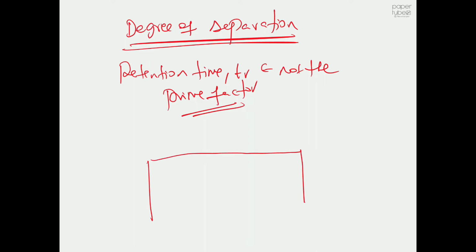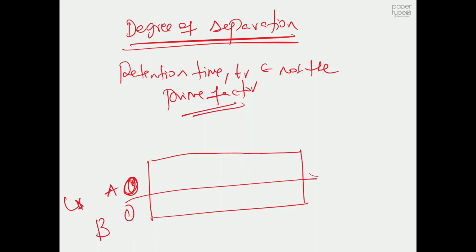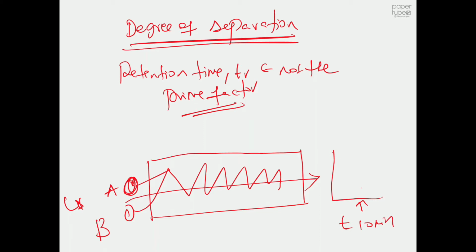You take a chromatographic column. Let's say we have compound A, we have compound B, and we put in a mobile phase. Let's say both of them absorb, dissolve, absorb, dissolve, and when you observe at the column exit, say t is equal to 10 minutes, let's assume both A and B exit at the same time.